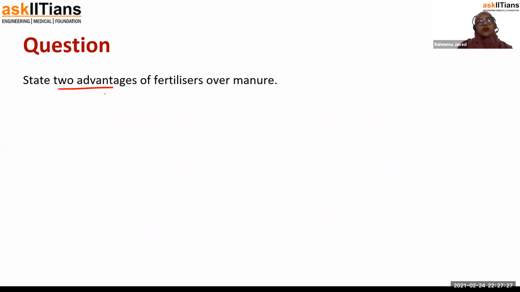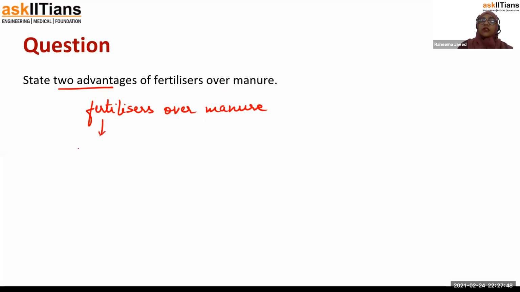In this question, we have to state two advantages of fertilizers over manure. You know many disadvantages of fertilizers over manure. Okay, you know what are fertilizers, you know what are manure. But what can be the advantages of fertilizers over the manure?